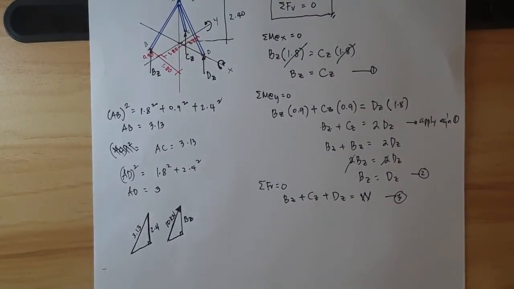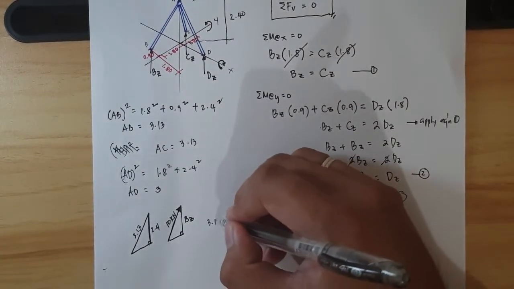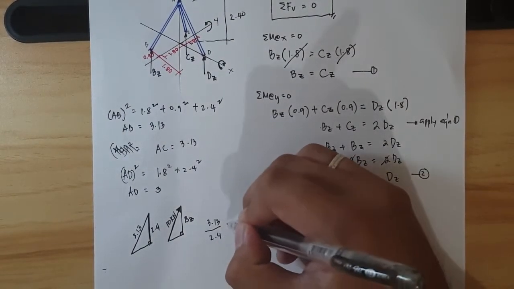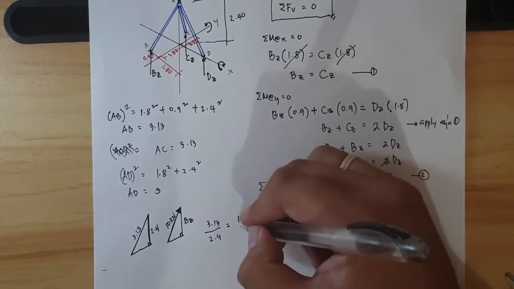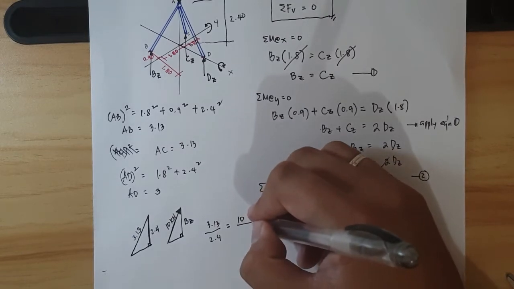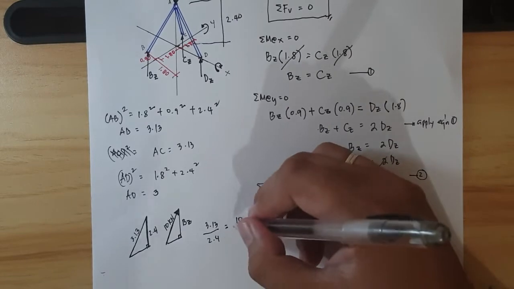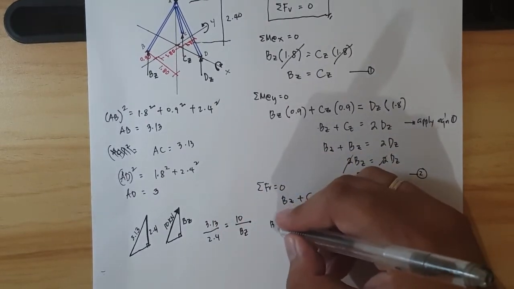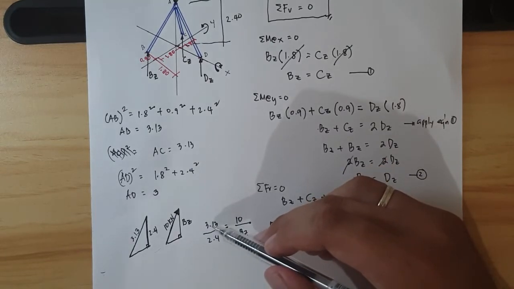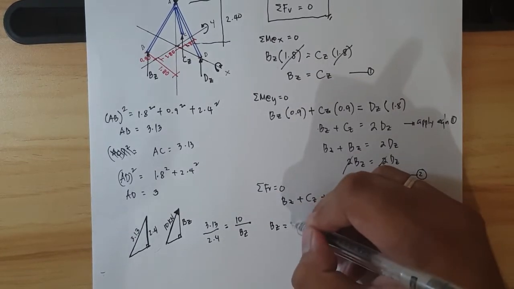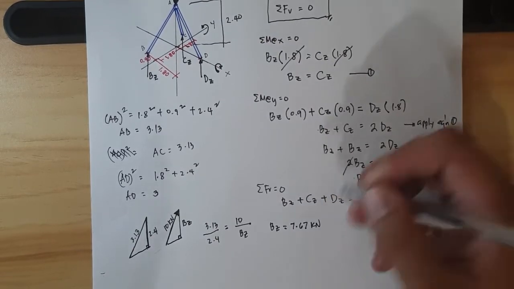So ratio and proportion can be applied. If 3.13 by 2.4 corresponds to 10 kilonewton, which is AB, then BZ is unknown. By ratio and proportion, BZ is 2.4 times 10 divided by 3.13, we have 7.67 kilonewton.